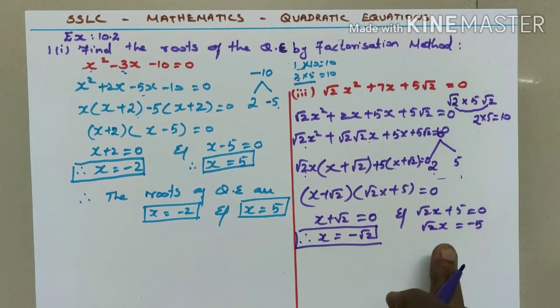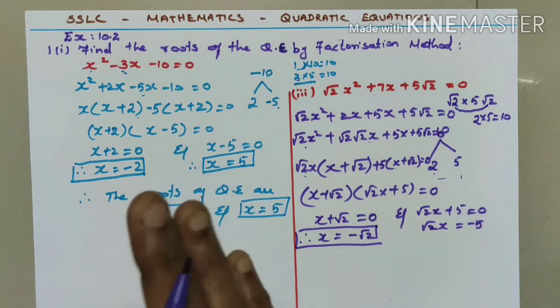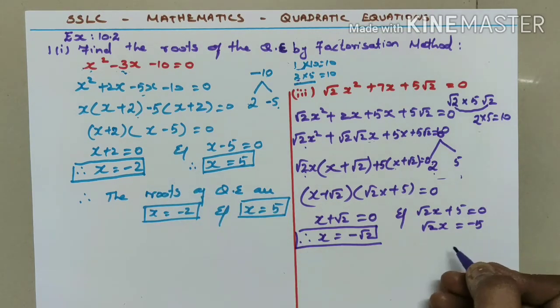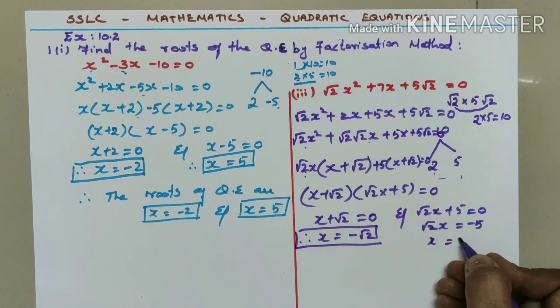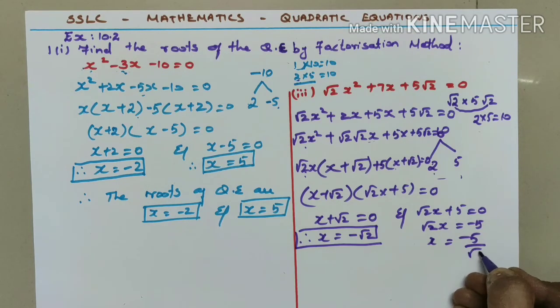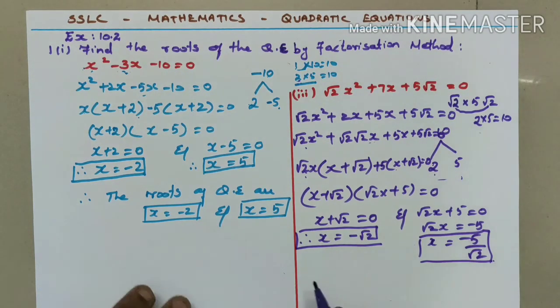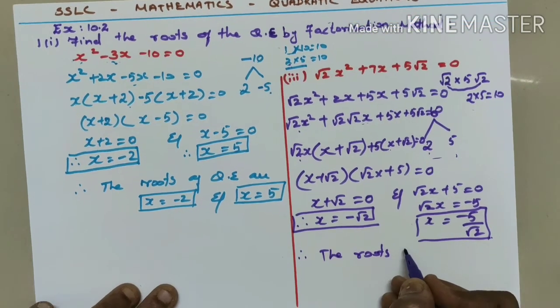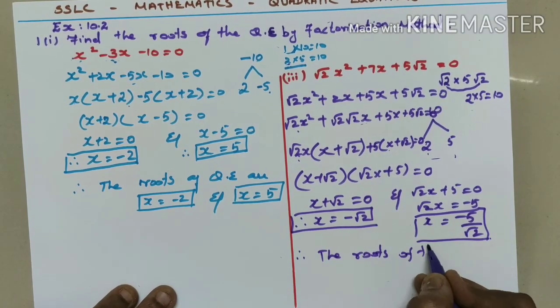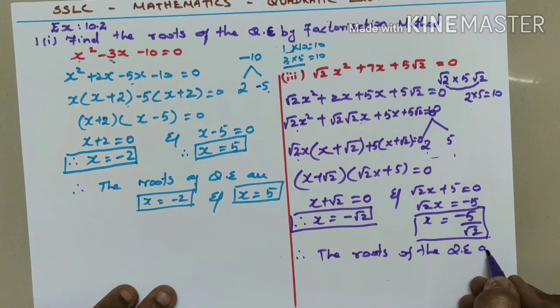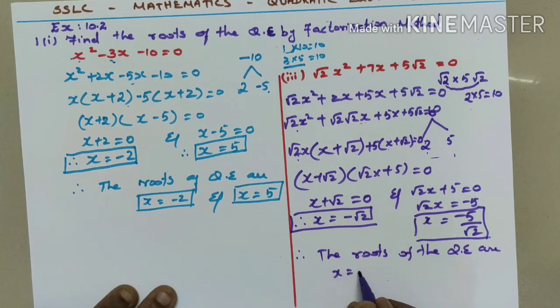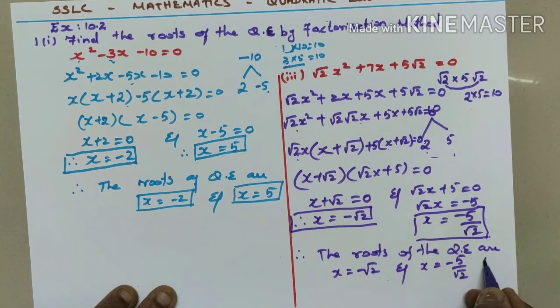Always keep it in your mind: only the x term should be on the left hand side, and one by one bring the other terms toward the right hand side. So x is equal to minus 5 divided by root 2. This is another root. Therefore, the roots of the quadratic equation are x is equal to minus root 2 and x is equal to minus 5 divided by root 2. This is the answer.